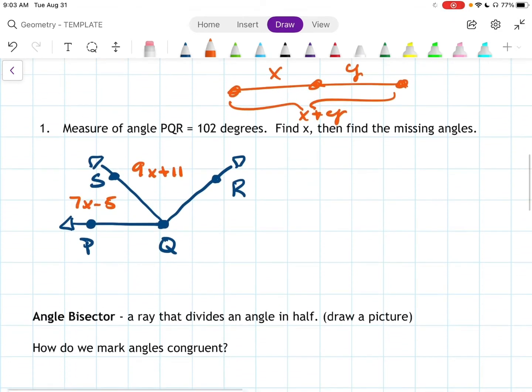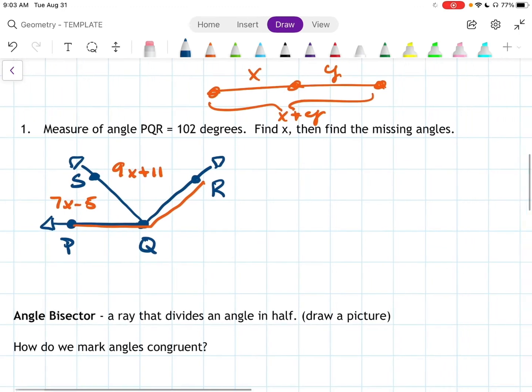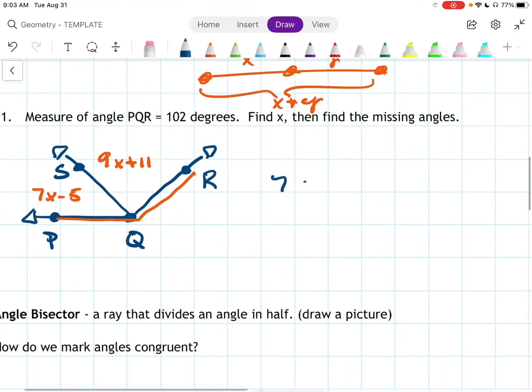Number one, measure of PQR, so that whole big angle, is 102. Find x, then find the missing angles. Well, I know that my two angles added together are 102. So 7x minus 5 plus 9x plus 11 is 102. Combining my like terms, 9x and 7x gives me 16x.